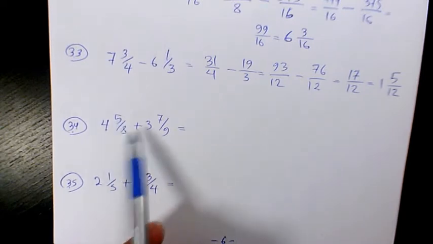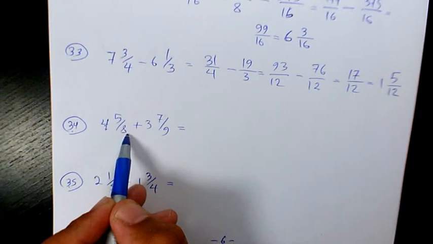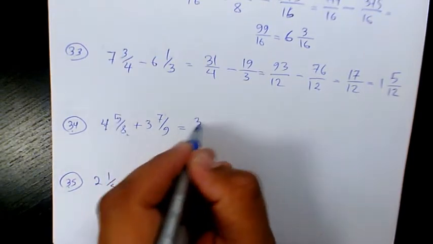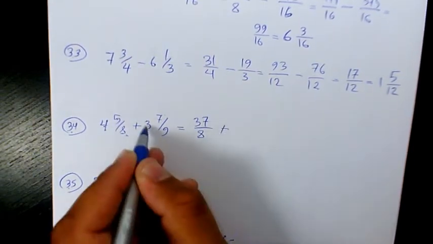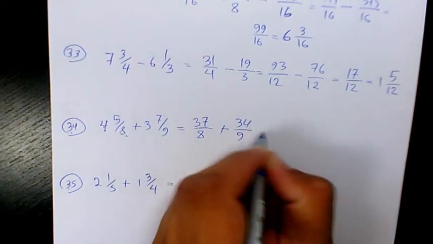4 5/8 plus 3 7/9. We have 4 times 8, 32, plus 5, 37 over 8, plus 3 times 9, 27, plus 7 is going to be 34 over 9.